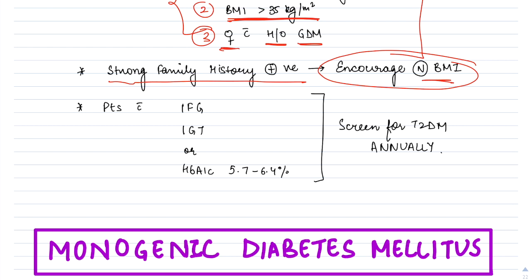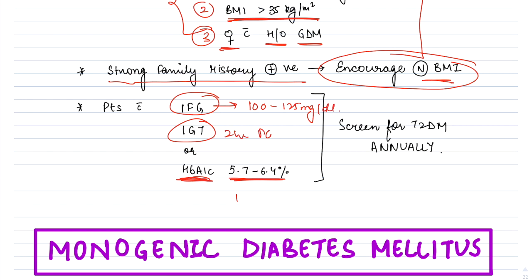Now, patients with impaired fasting glucose or impaired glucose tolerance or HbA1c in the range of 5.7 to 6.4, or impaired fasting glucose in the range of 100 to 125 milligrams per deciliter, or impaired glucose tolerance, that is a 2-hour plasma glucose of 140 to 199 milligrams per deciliter.